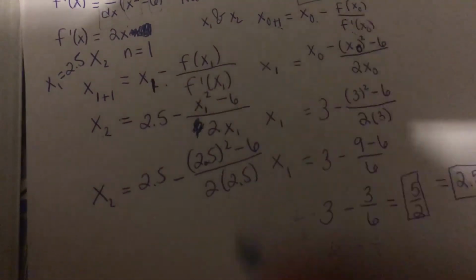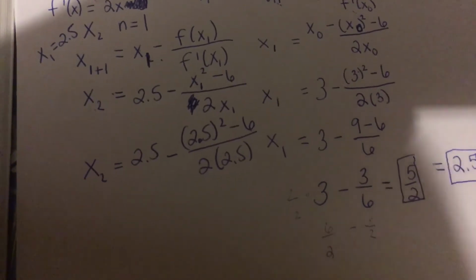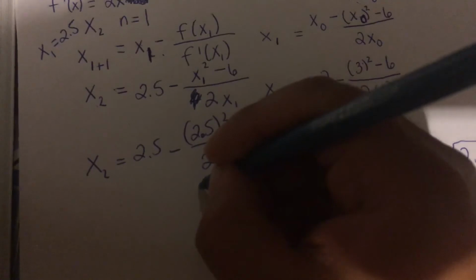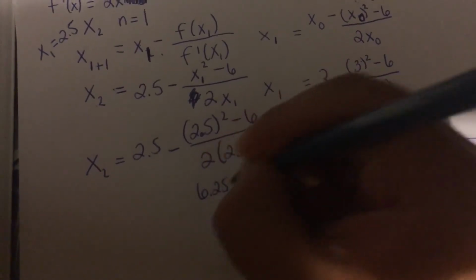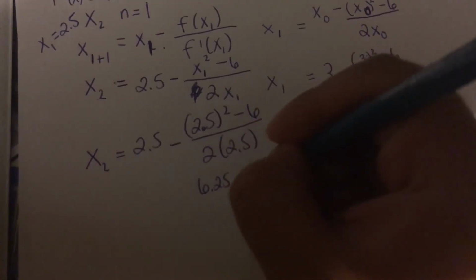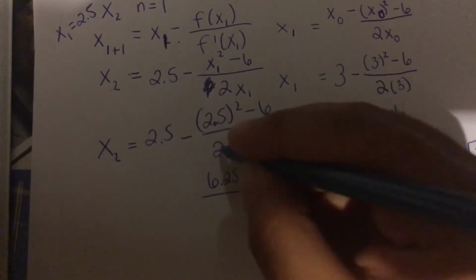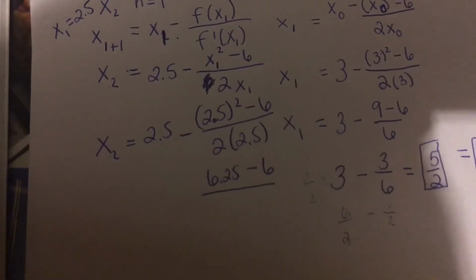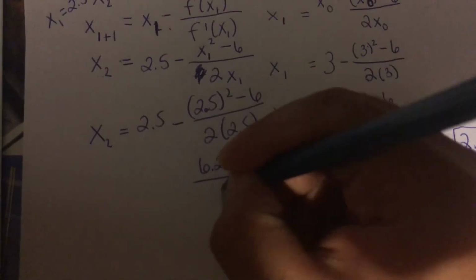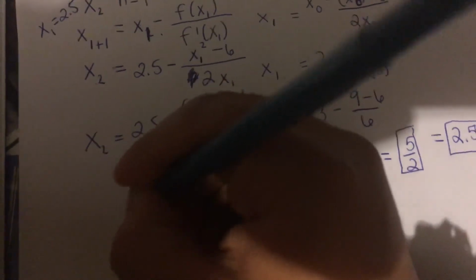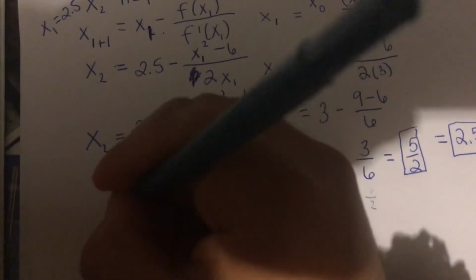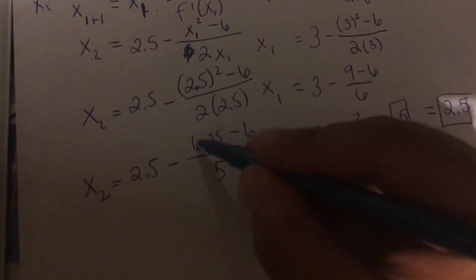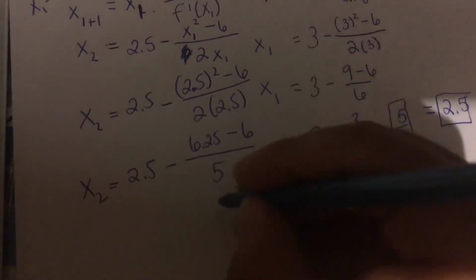2.5 squared, that is just 6.25 minus 6. 2 times 2.5, excuse me, I have an itchy nose right now. That's just 5 minus 2.5. Alrighty, let me do our math. 6.25 minus 6, that's the easy part.